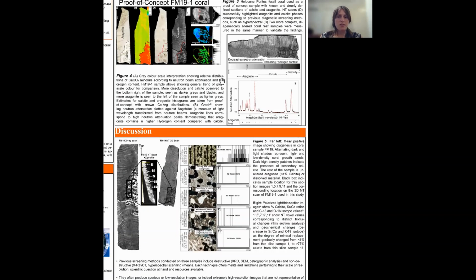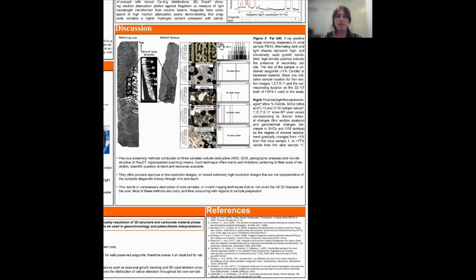So moving on to the discussion, here in figure 5, we can see that same proof of concept sample with the thin section images here on the right, along with the isotope values from a previous study that sampled from the same core, and the neutron scan voxel values in the far right here, selected for the grayscale that corresponds to these sample locations highlighted by this black rectangle.